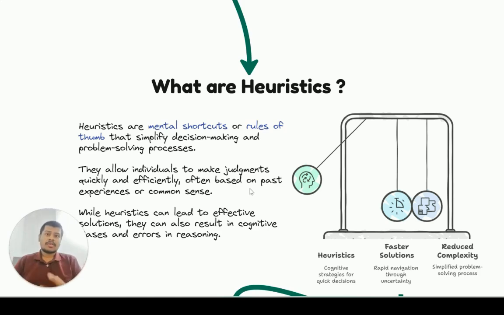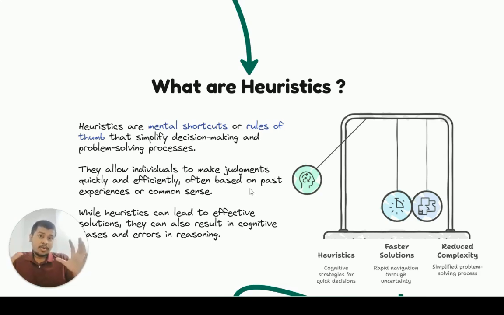It comes up with a short mental shortcut for solving a problem where the problem is complex or the data sets are not available for this particular problem. But then they approach the same problem by extrapolating their knowledge from their past where they would have faced a similar kind of situation, right? This is exactly heuristics. So heuristics are mental shortcuts or rules of thumb that simplify the decision making and problem solving process.